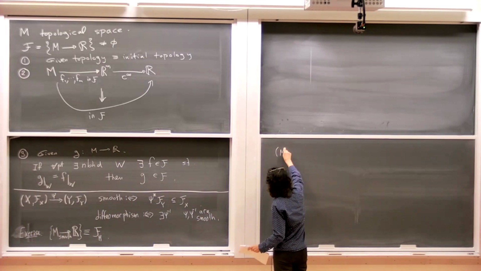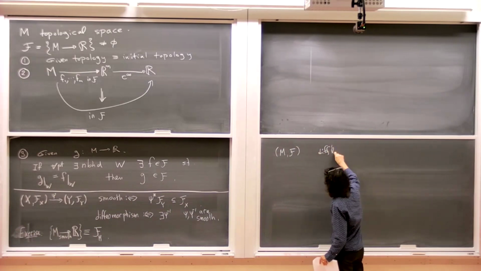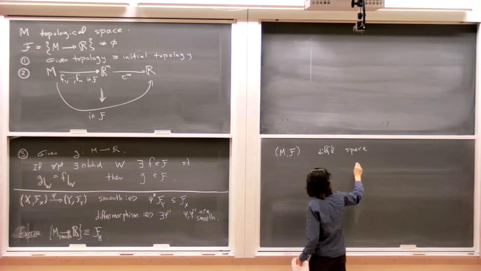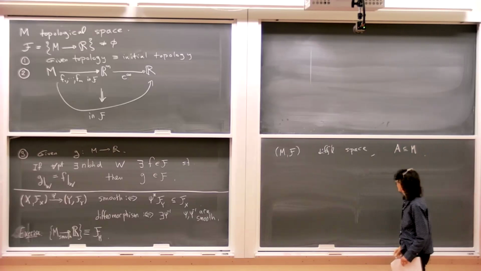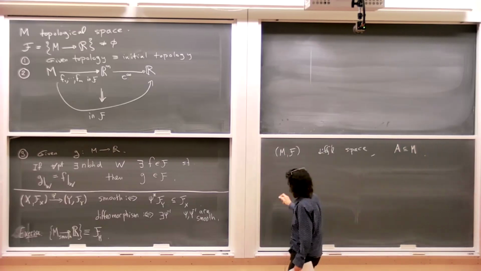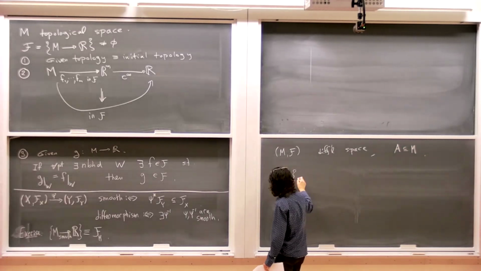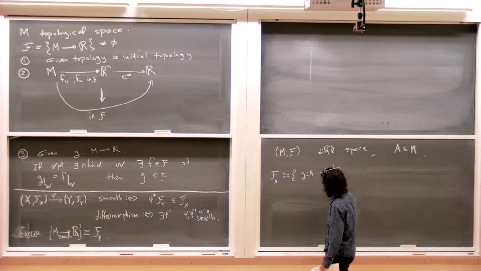If we have a differential space and then a subset, any subset, in particular open subset, the subspace differential structure that we put on it is defined to be the set of all real valued functions that locally extend.